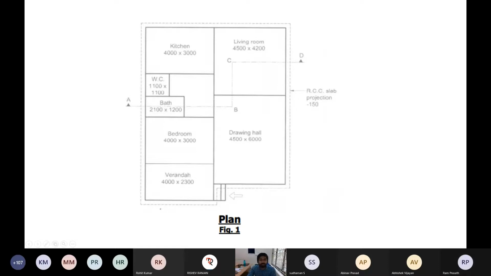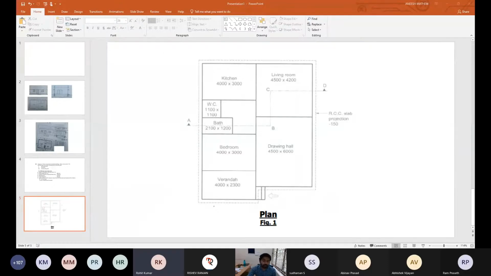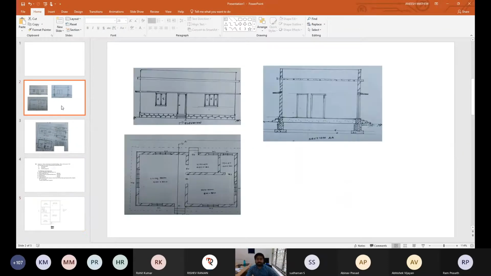Sir, can you see the messages I sent, the figure? That dimension I wanted to ask. Yeah, let's see. That is actually, what to say, this is the door frame, no?